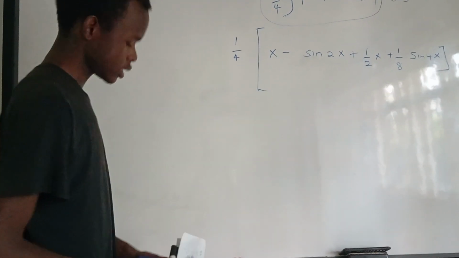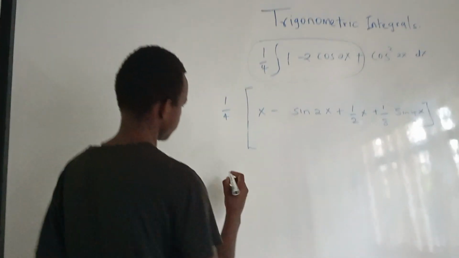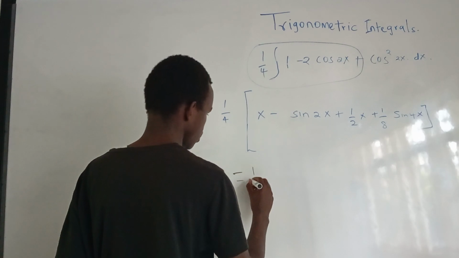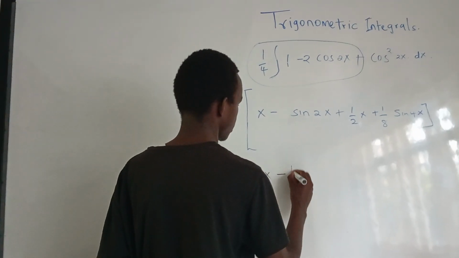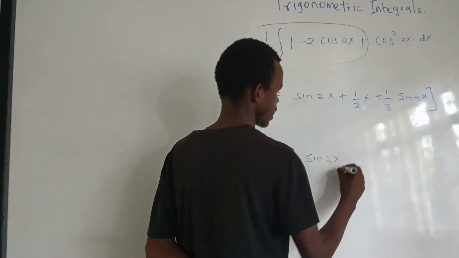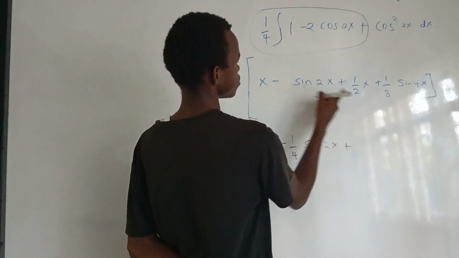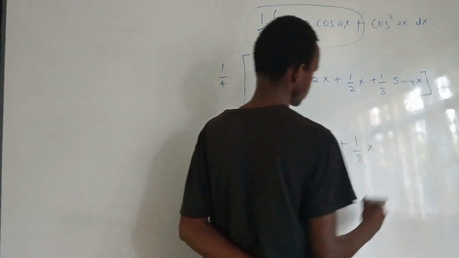So from there, I just multiply by a quarter throughout. So having a quarter throughout, my final answer, let me write it in black, I'll get a quarter x minus a quarter sine of 2x, plus this multiplied by this is just 1 over 8 x.